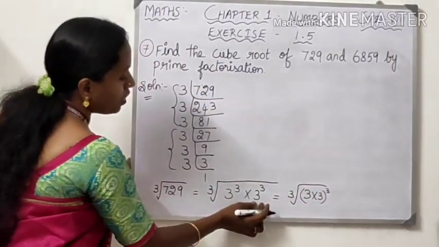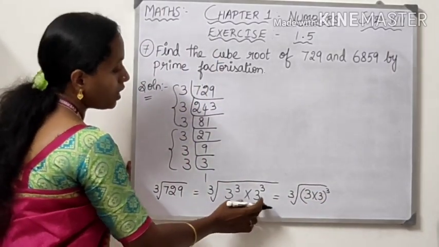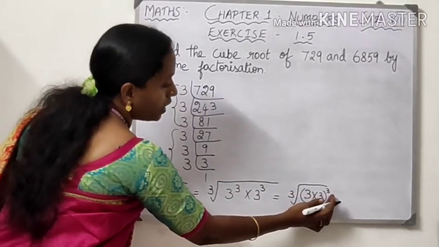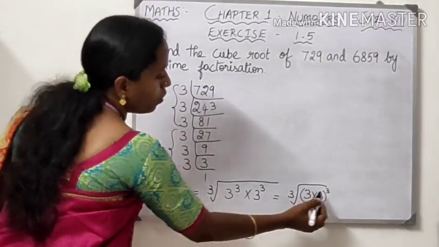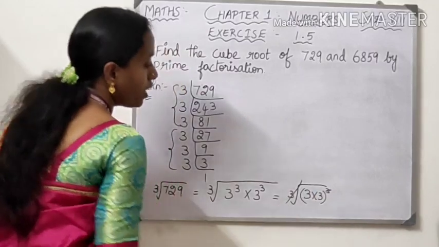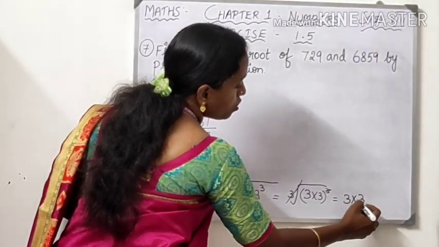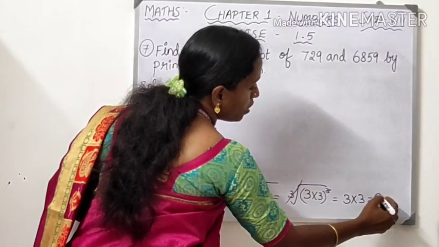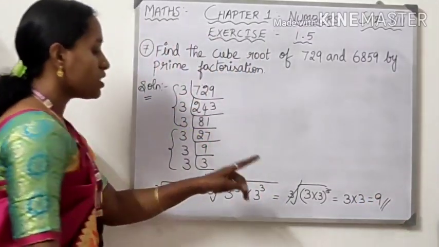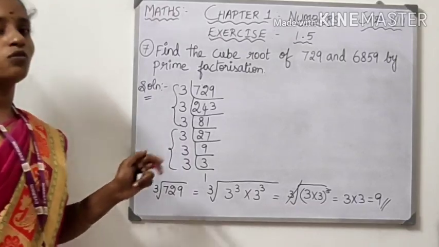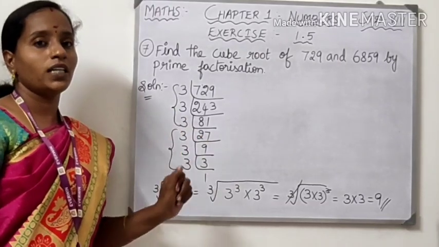So each and every prime factor has the power 3, so we can write it as a common power 3. So now this cube and the cube root get cancelled. So what is our final value? 3 into 3. If you multiply this, you will get the value 9. So 9 is the value for the cube root of 729.